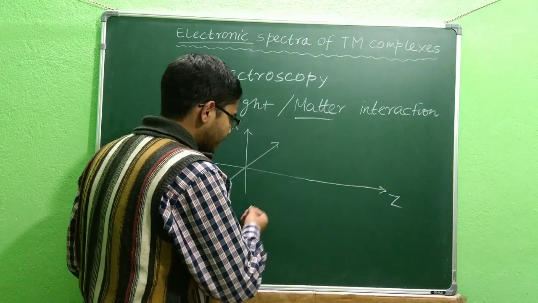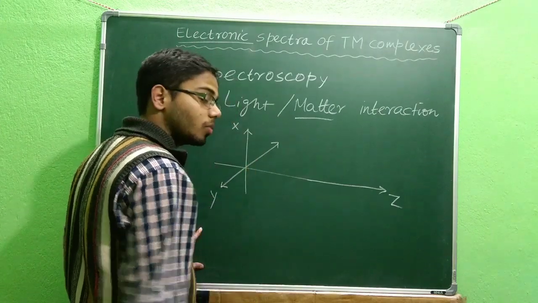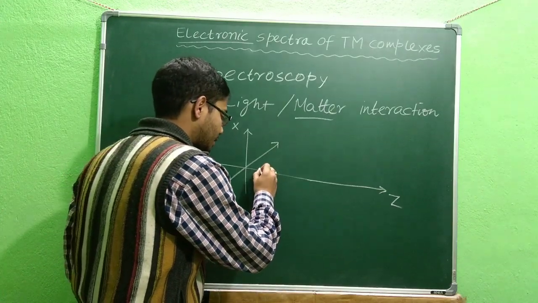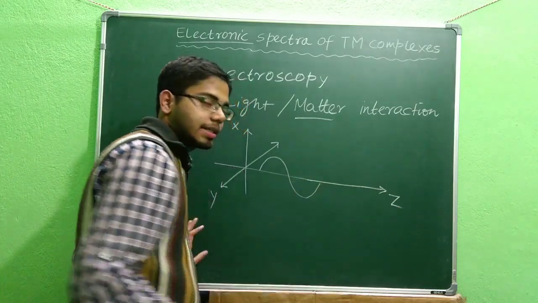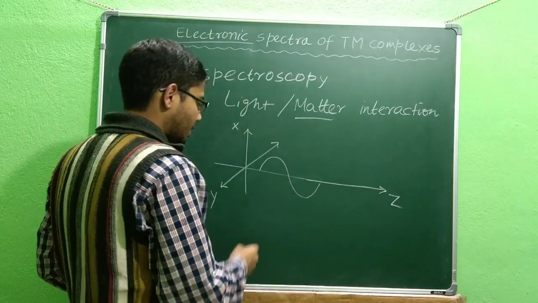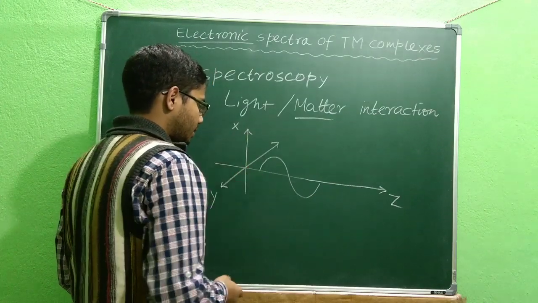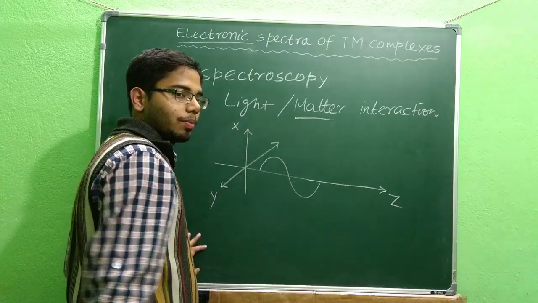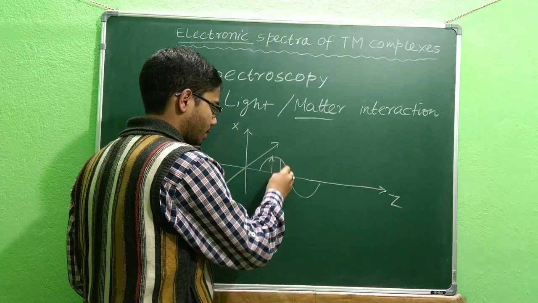Let's say you have one electric field, which is basically a sinusoidal wave, propagating along the plus and minus X axis.